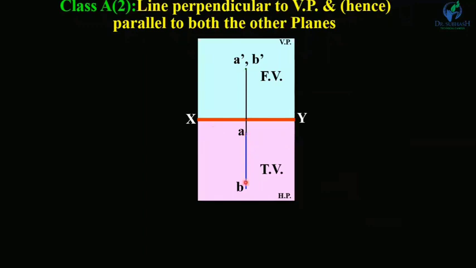The top view of the line is perpendicular to the XY line, and the front view is the point view, A dash B dash. So if the line is perpendicular to VP and parallel to HP, then the front view is a point and the top view is a line which is perpendicular to the XY line.